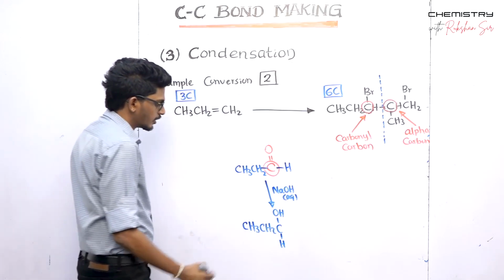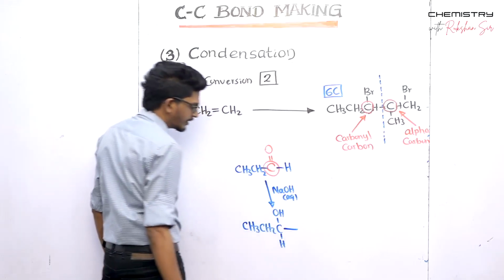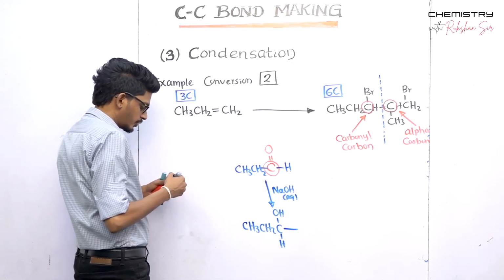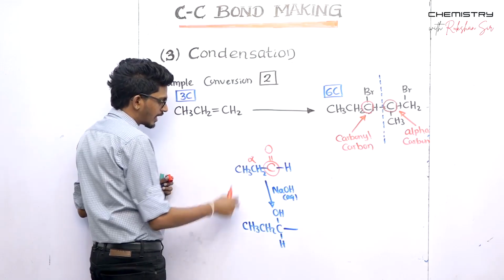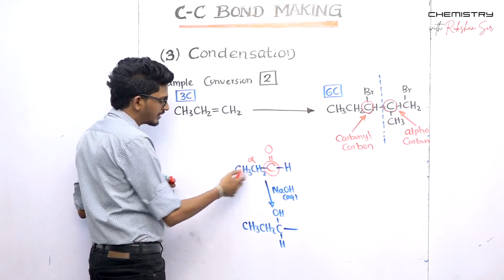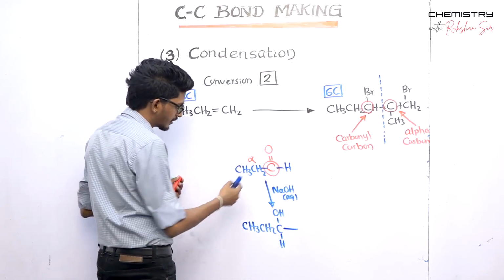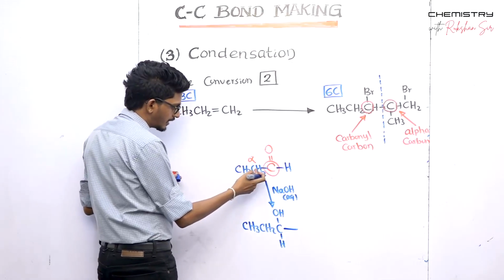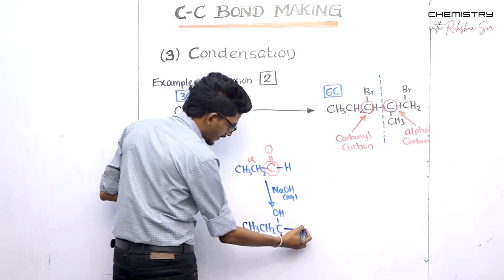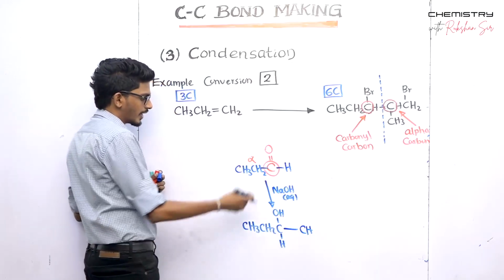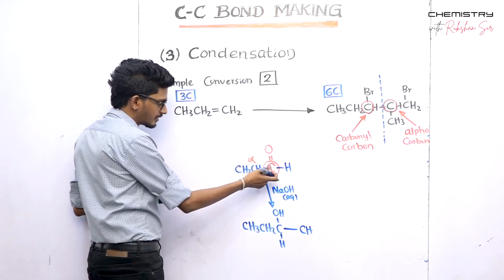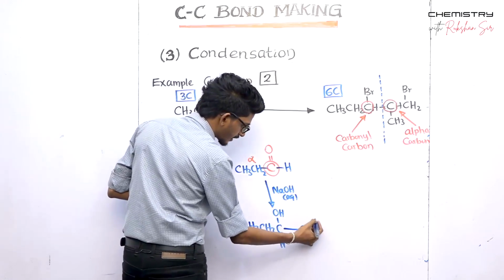And then to that carbonyl carbon, you're supposed to connect the alpha carbon of the same compound, by removing one of the hydrogens, so that only one hydrogen will be available with the alpha carbon, as you had removed one of the hydrogens. So write CH, then the CHO part.